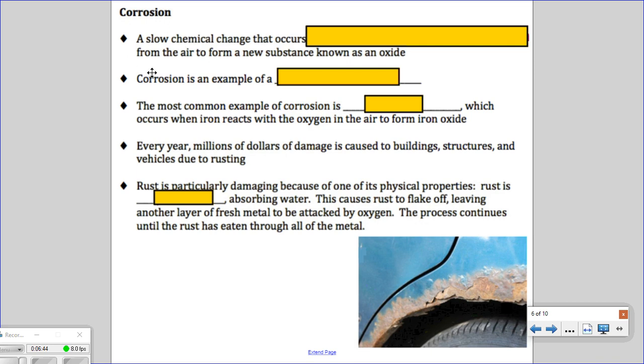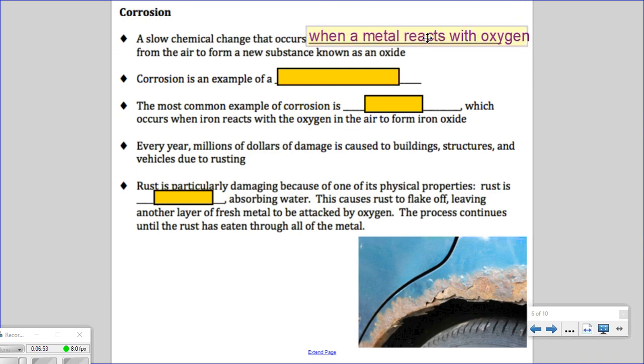We'll also talk about corrosion as well as a form of a chemical change. Corrosion or rusting is a slow chemical change that occurs when a metal reacts with oxygen. And this is oxygen from the air to form a new substance known as an oxide. Corrosion is an example of a chemical change.